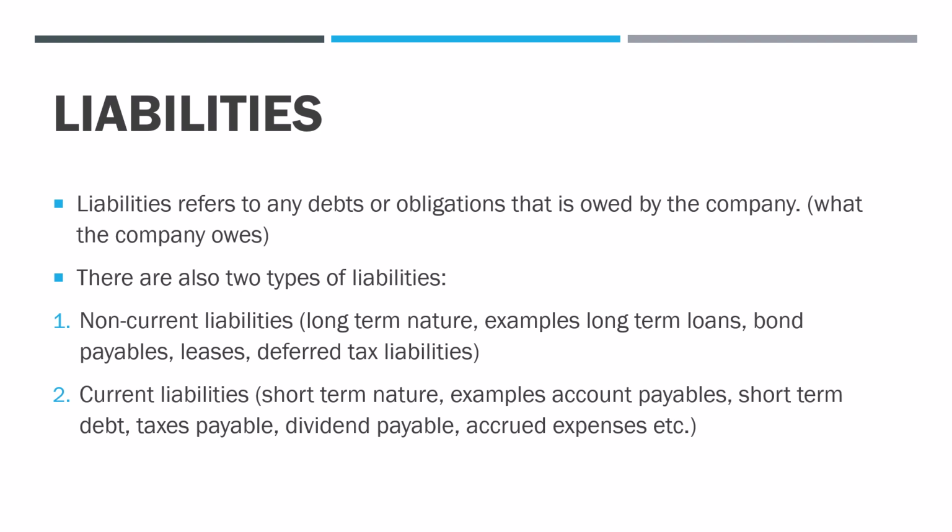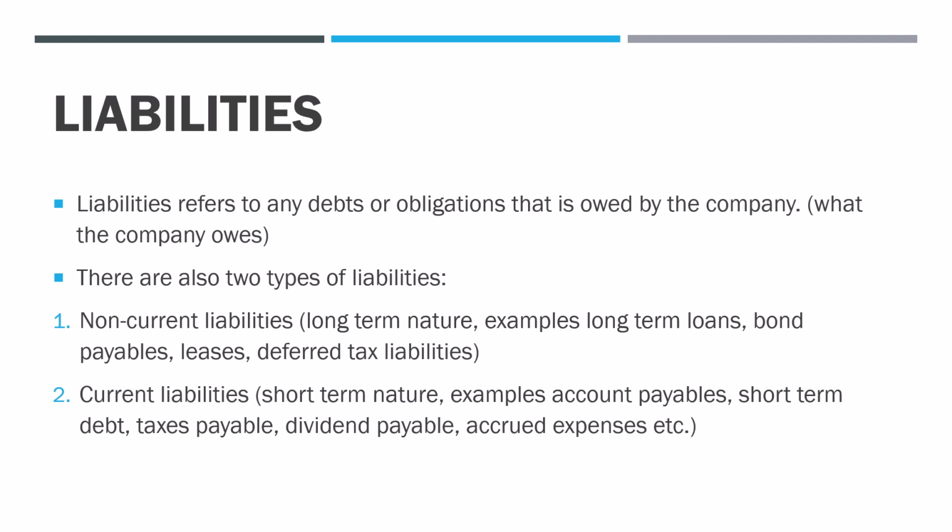First, we have non-current liabilities. These are debts or obligations that are long term in nature. This means that the company doesn't expect to pay them off anytime soon, typically beyond a year.